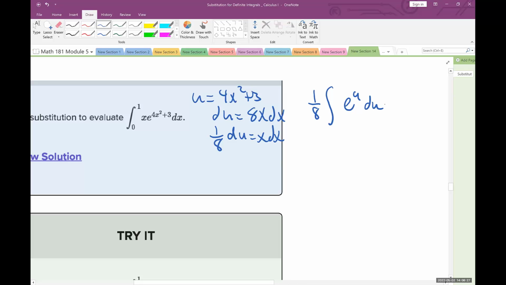I've got to do my limits now. What is u of 1? What is u of 0? 4 times 1 squared plus 3, I get 7. 4 times 0 squared plus 3, I get 3. What's our antiderivative of e to the u?